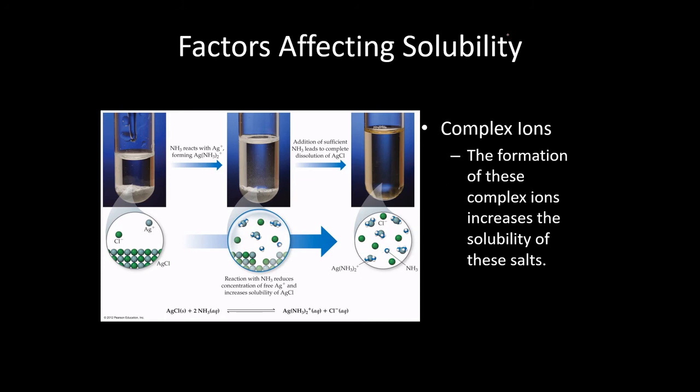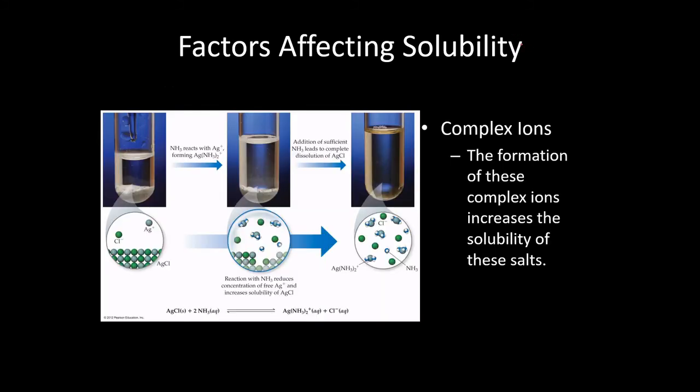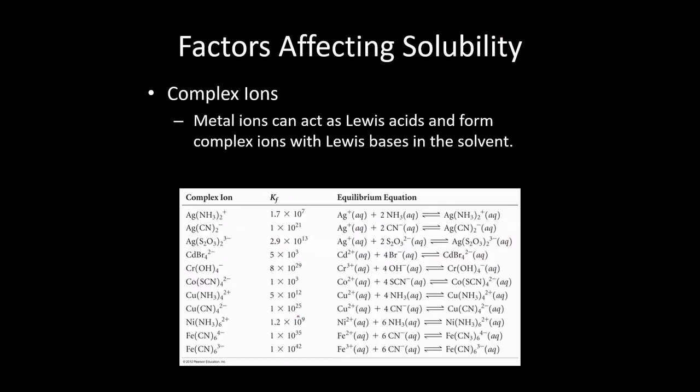So it's the exact same thing that was happening over here. You have a side reaction occurring that essentially removes one of the products from being able to participate in the equilibrium, and that pushes the equilibrium to dissolve more stuff. And so this is just a list of other complex ions that can form. There's quite a few of these.